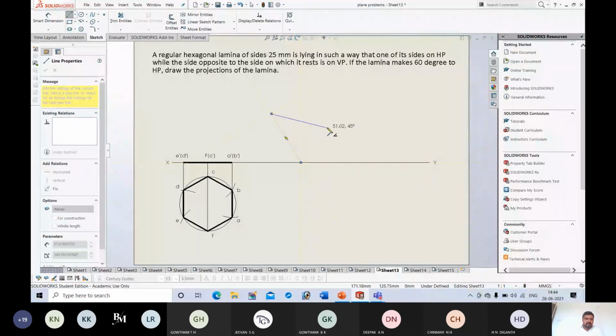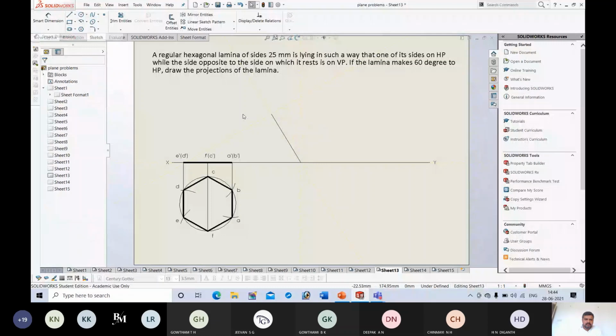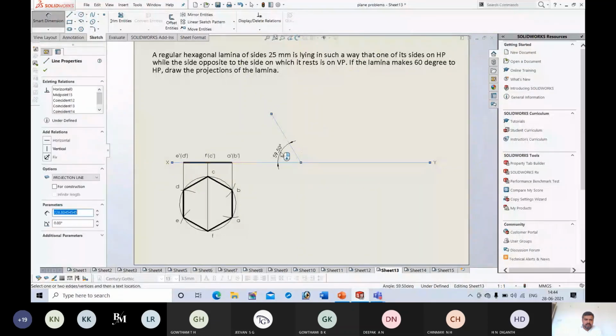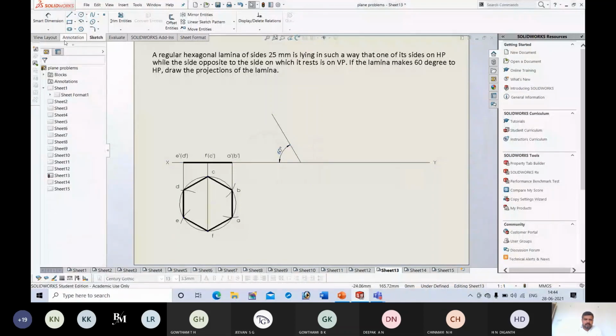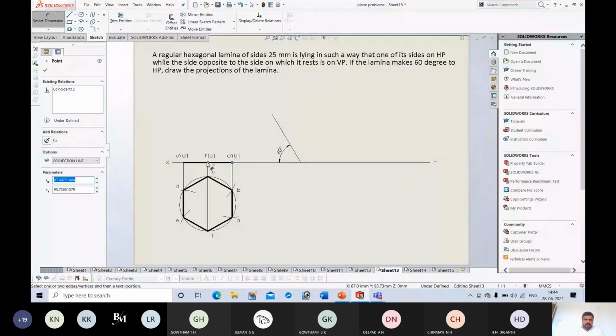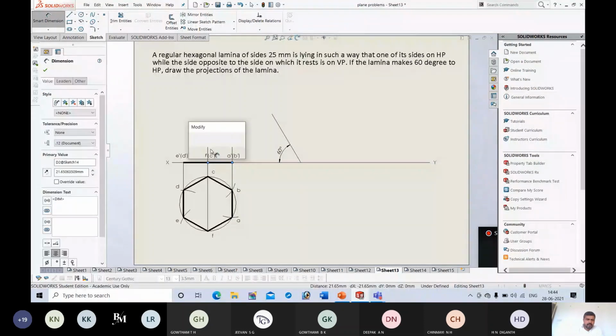Okay, after that, measure the distance between these points. This is the center, and it will cut the arc. So the radius will be 21.65.